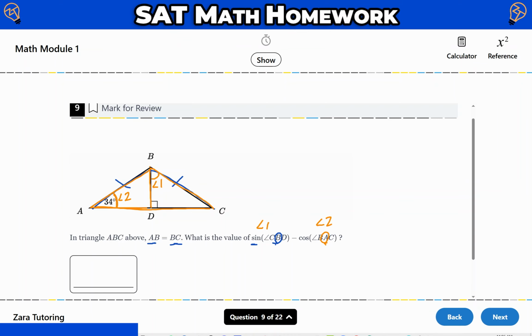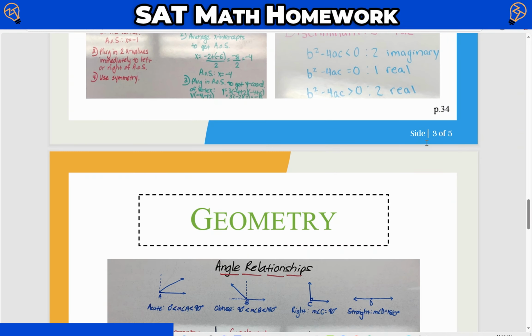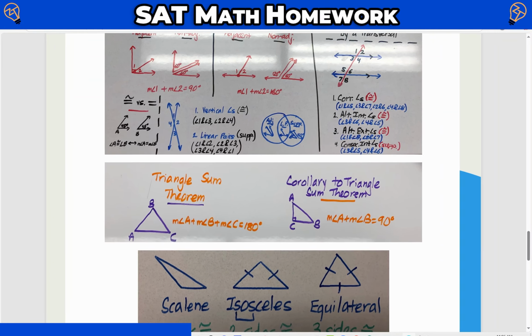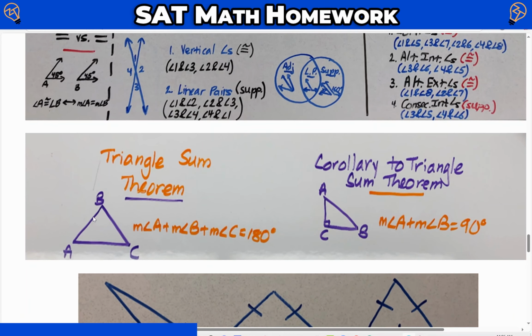So a couple things that we know for sure. Because of the fact that this is 90 and these two angles form a linear pair because they're right next to each other, they're supplementary, meaning that this must also be 90 so that they add up to 180. The other thing we know is if we go to page 34, specifically the back side of it, so side 4, where all the geometry concepts lie, we know that triangle sum theorem says all three angles in a triangle add up to 180, but also the corollary is really important.